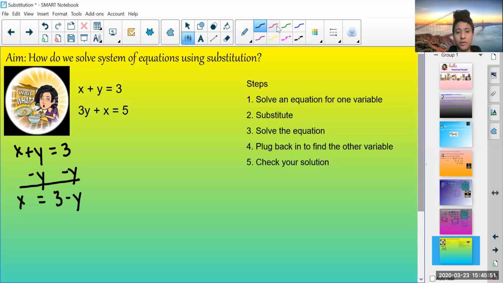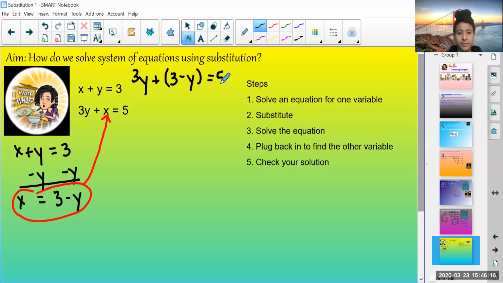So since I used the first equation and got x by itself, I have to plug what x is now into my second equation. So we have 3y plus x. I have to put in parentheses for now, okay? So 3 minus y equal to 5.